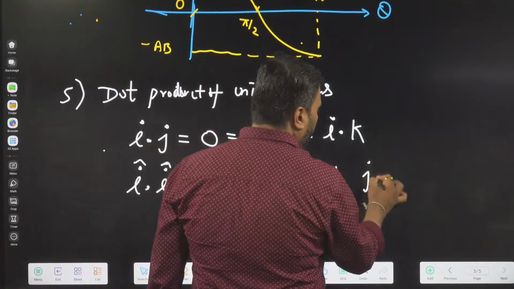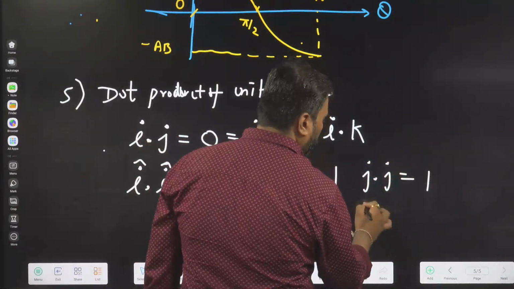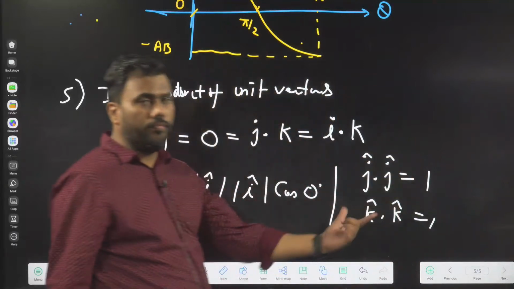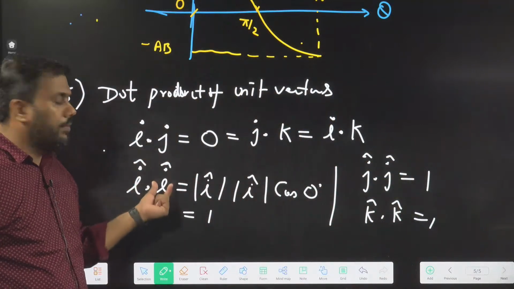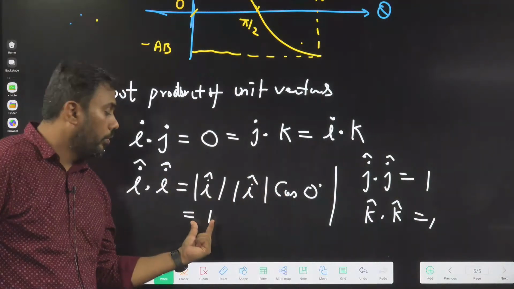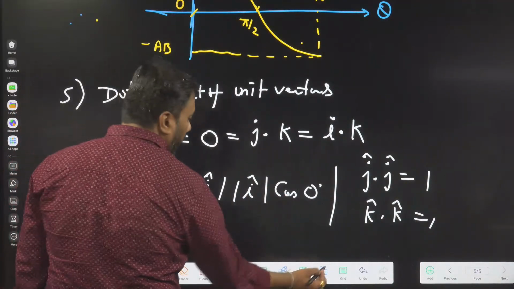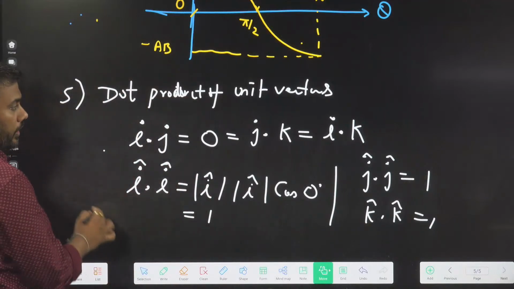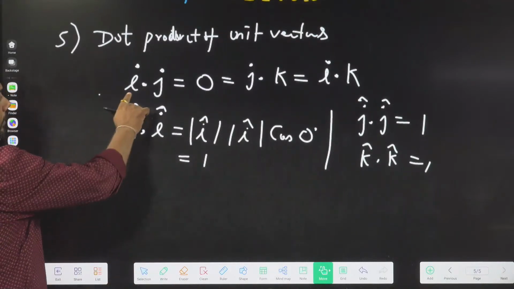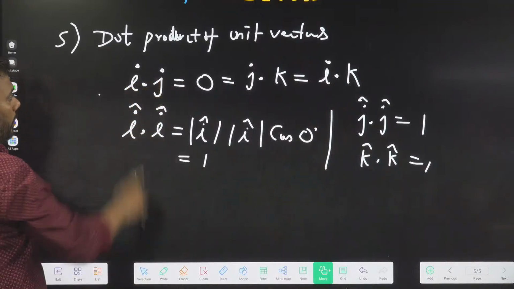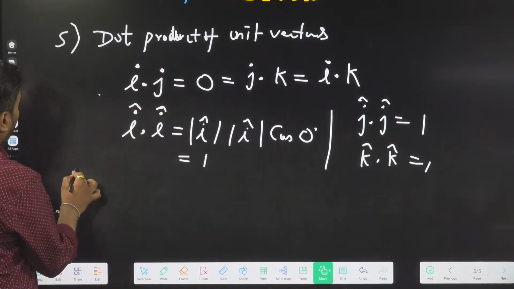Similarly, j dot j is 1, k dot k is 1. i cap dot i cap gives you 1. j cap dot j cap, k cap dot k cap gives you 1. A unit vector with another unit vector gives you 0. i dot j is 0.